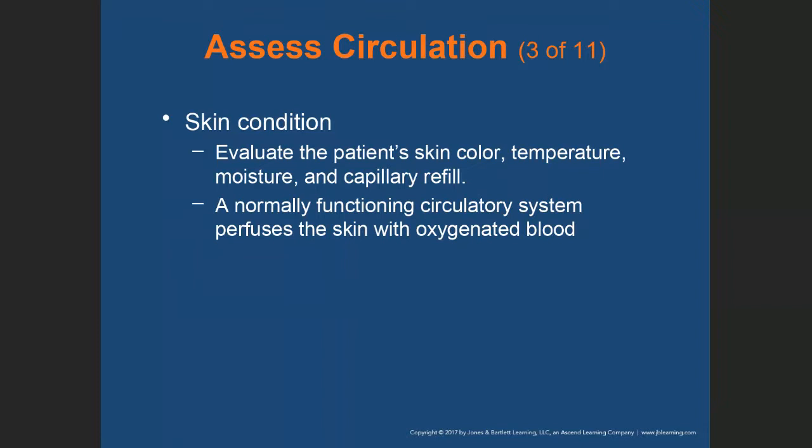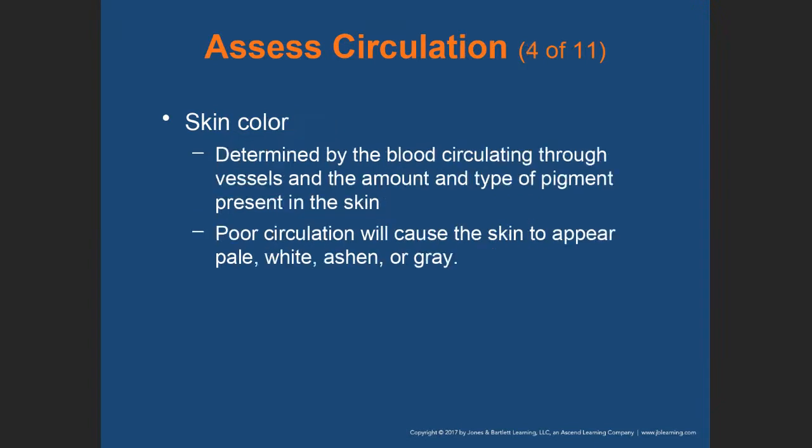A normal functioning circulatory system perfuses the skin with oxygenated blood. Skin color is determined by the blood circulating through vessels and the amount and type of pigment present in the skin. Poor circulation will cause the skin to appear pale, white, ashen, or gray. All of these indicate poor circulation.